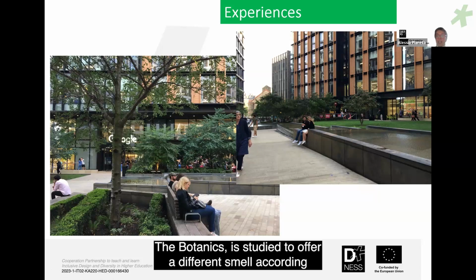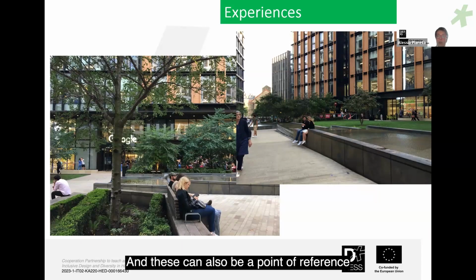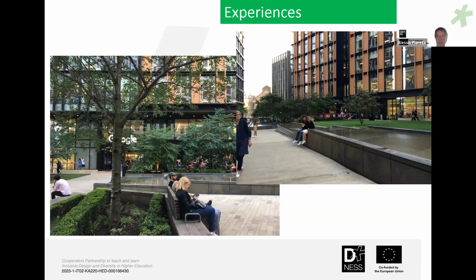The botanics is studied to offer different smells according to the different seasons, and different colors according to the different seasons. And this can also be a point of reference for visually impaired people. So beauty is accessibility.